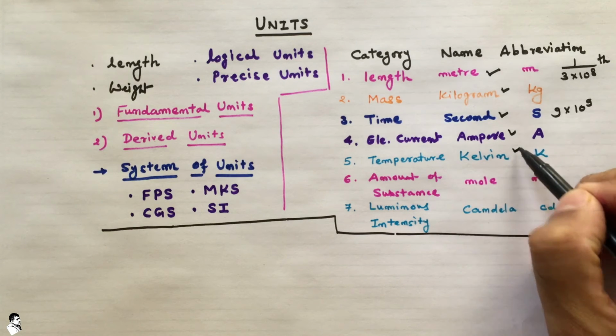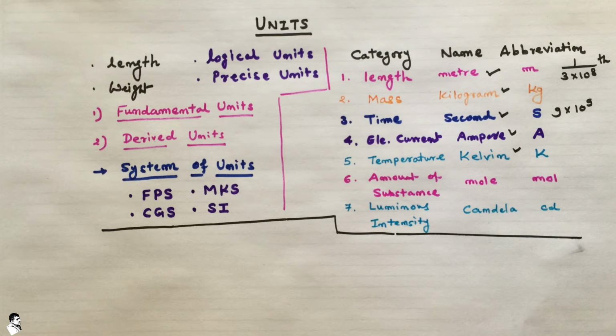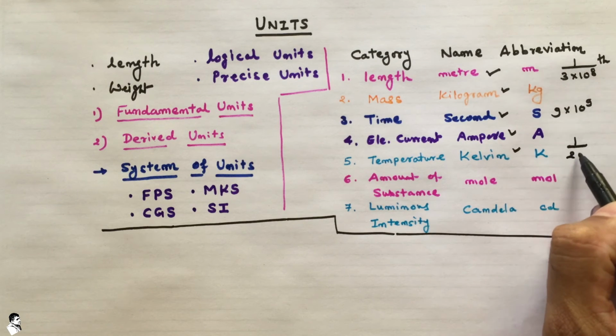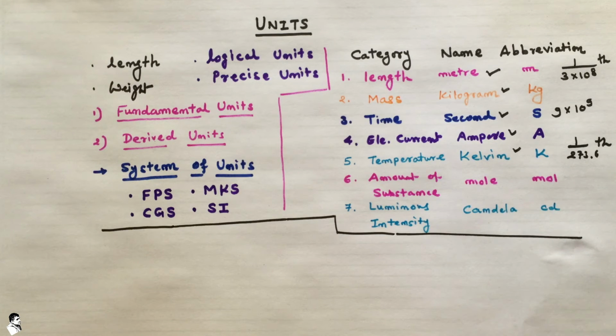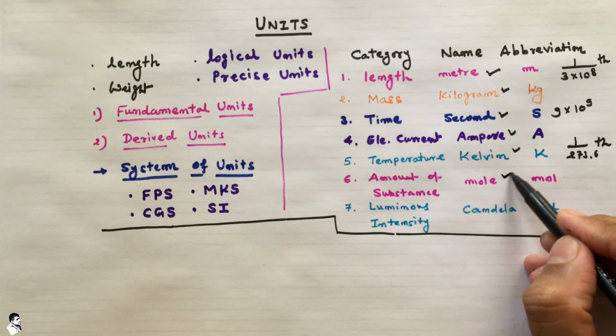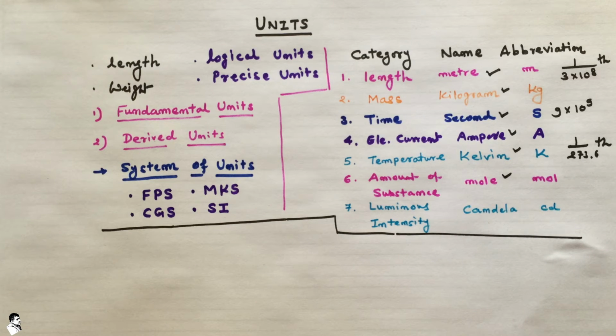It is the basic unit of temperature and is defined as 1 by 273.6 part of the thermodynamic temperature of the triple point of water. Next is the mole, the basic unit of substance, defined as the amount of substance that contains as many elementary units as there are atoms in 0.012 kg of carbon 12.